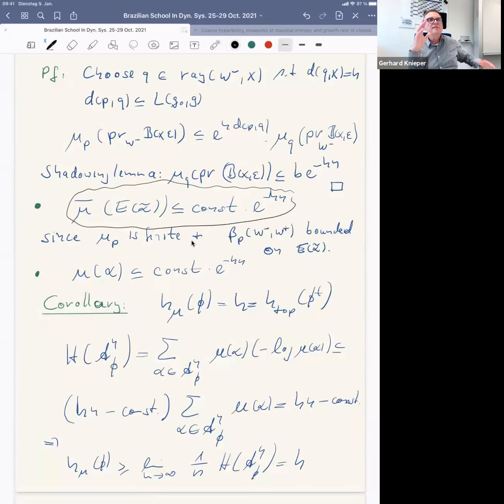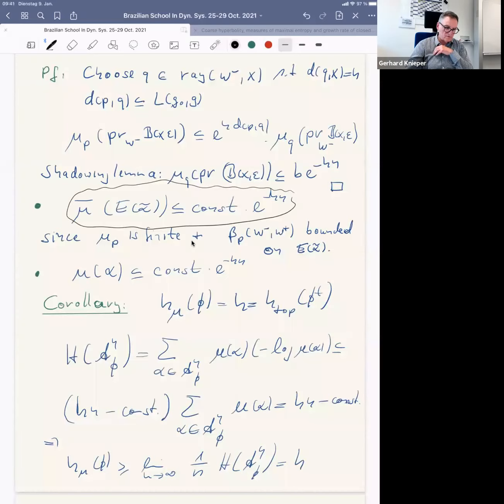You see it at infinity, and this is somehow a replacement of what you usually have in a uniform hyperbolic situation, where you have transversality of stable and unstable manifolds. Okay, and the corollary from that is kind of standard, and it's as usual.